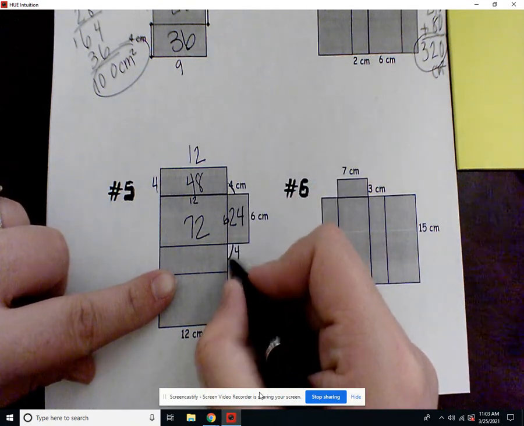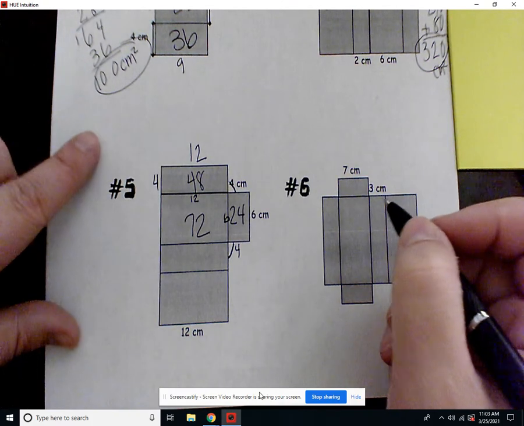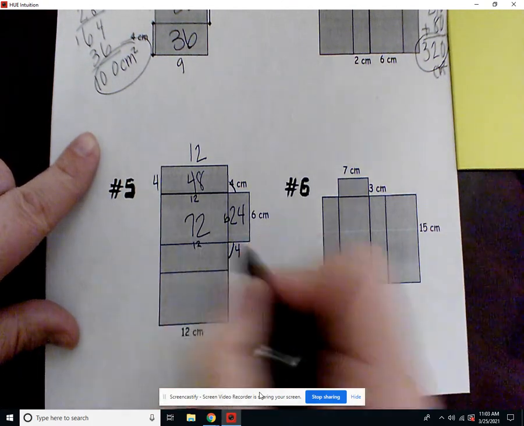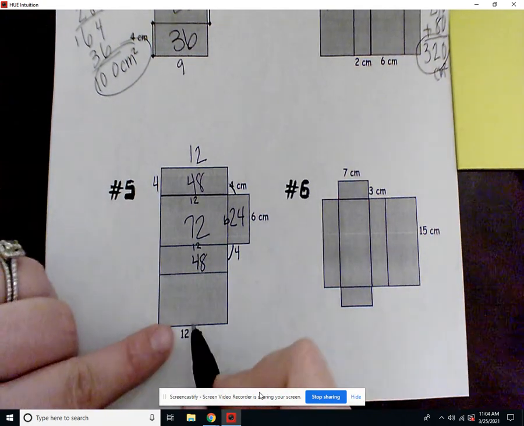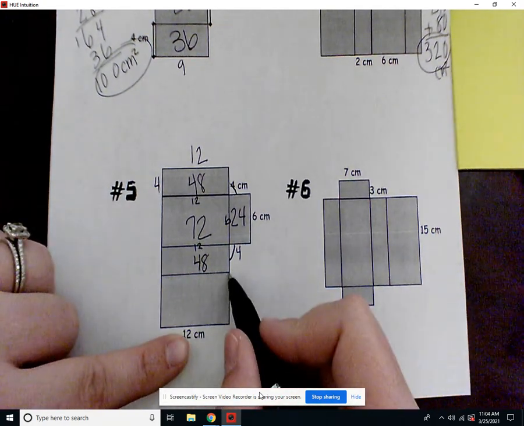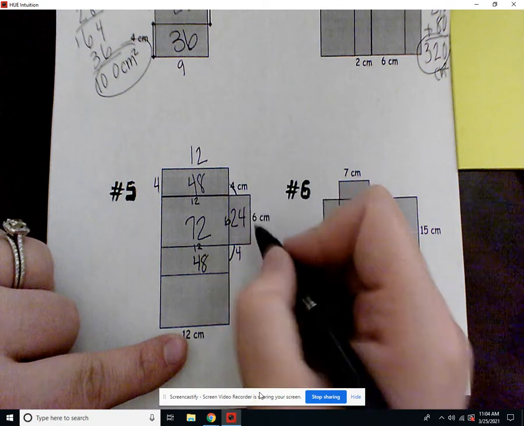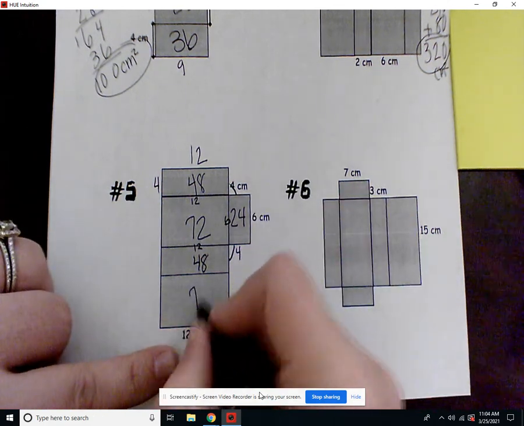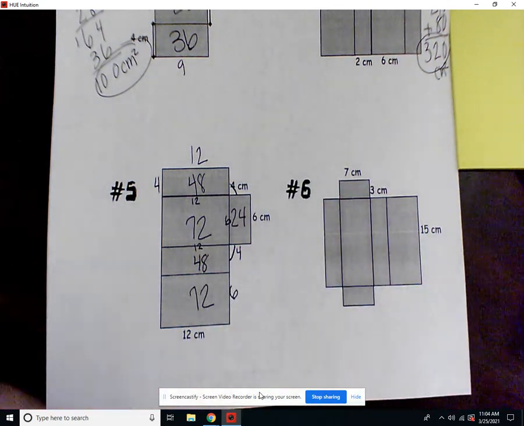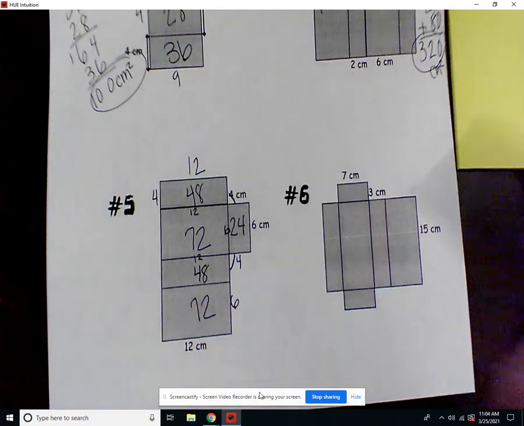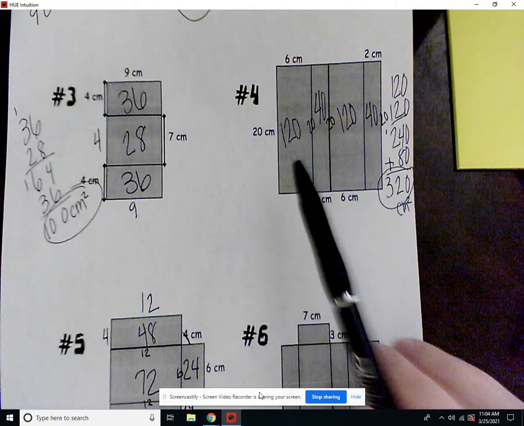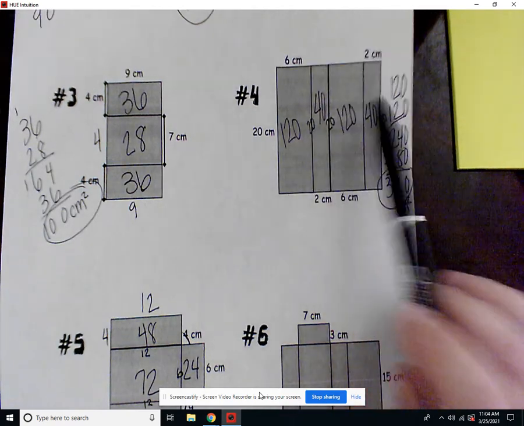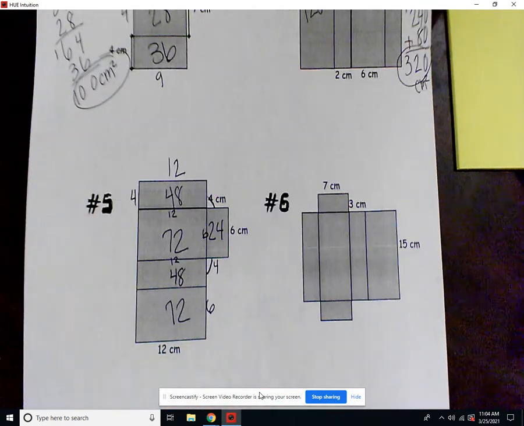And then again, that long side is 12. 4 times 12 is 48. And then same thing again, the long side is 12 and this side is 6, which is 72. So it's going to be a pattern most of the time in the middle. Like you see 48, 72, 48, 72. Just like up here, we said 120, 40, 120, 40. So once you get 2 of them, you can figure out what the other ones are going to be.